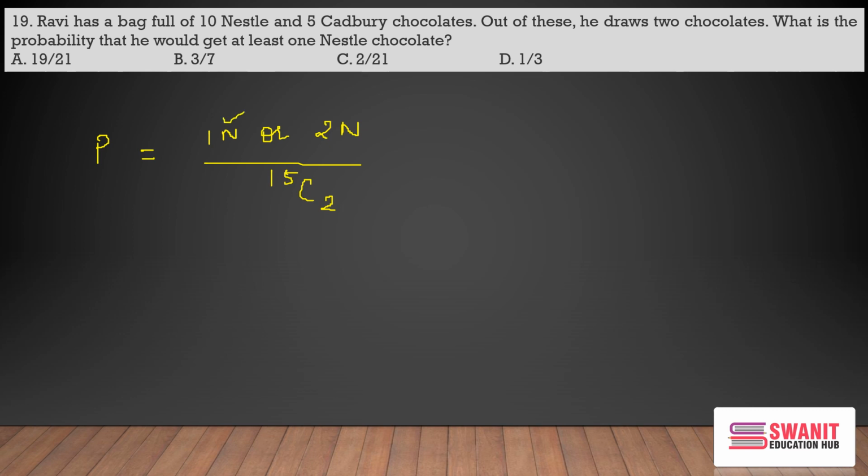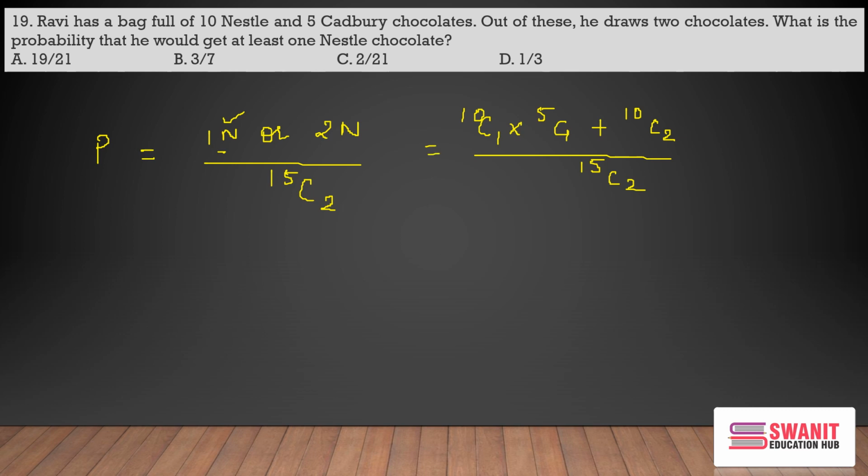Now when we are talking about one Nestle chocolate, that means it should be 10C1 multiplied by, when it is one Nestle, it should be one Cadbury, 5C1, or 2 Nestle, that means 10C2, and the whole value is divided by 15C2. That means this is my answer.